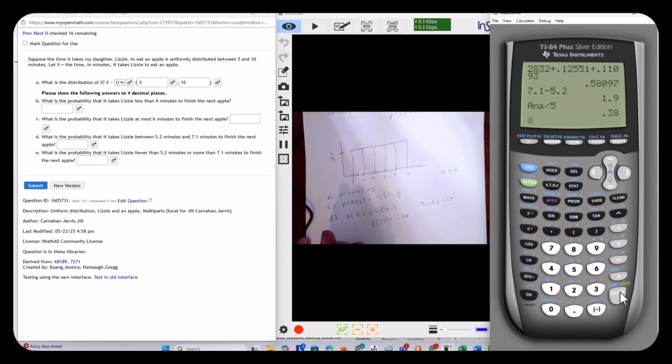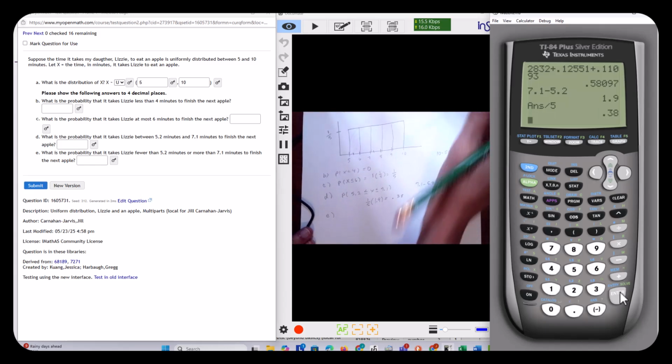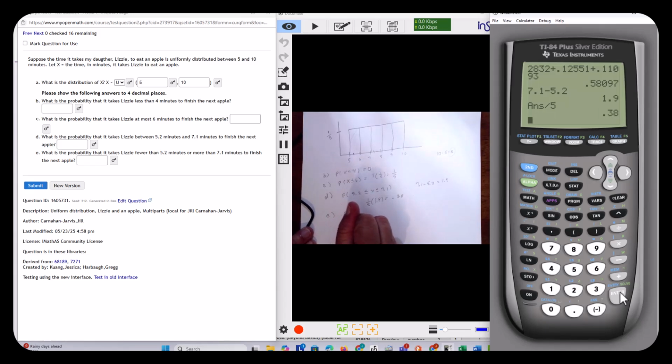And E, fewer than 5.2 minutes or more than 7.1. Okay, fewer than 5.2. Well, we're just simply going to subtract.